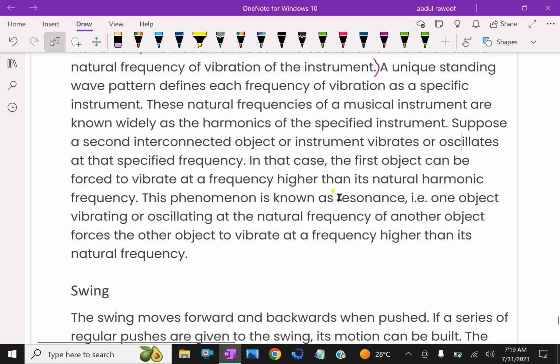In that case, the first object can be forced to vibrate at a frequency higher than its natural harmonic frequencies. This phenomenon is known as resonance. That means one object vibrating or oscillating at the natural frequency of another object forces the other object to vibrate at a frequency higher than its natural frequency.